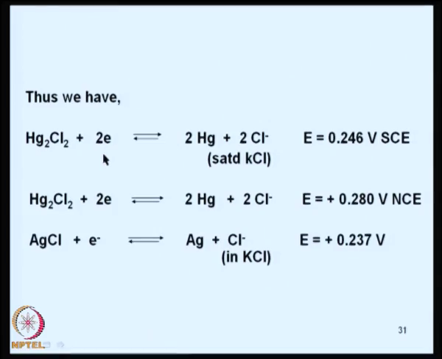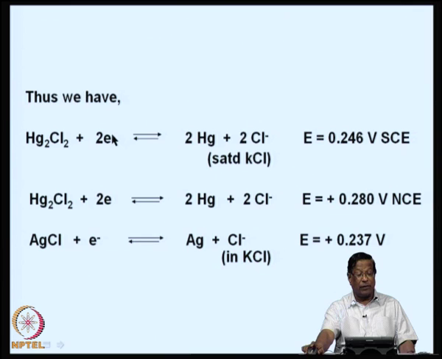Now, we can look at the reactions of these electrodes, that is Hg2Cl2, it can pick up 2 electrons and then it forms mercury metal plus 2Cl-. I can use saturated potassium chloride solution, and when you measure the EMF of this, it shows 0.246 volts versus the standard calomel electrode.